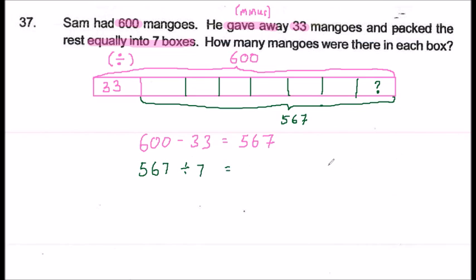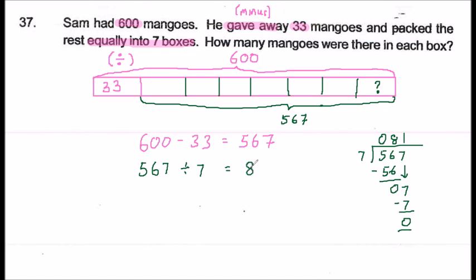Okay, Jane, I'm going to show you how we do the long division. So we have this 567 divided by 7, 0. This will be 8. Then you minus 56, gives you 0. You bring down the 7. So this has to be 1. 1 times 7 gives you 7. You get 0 here.